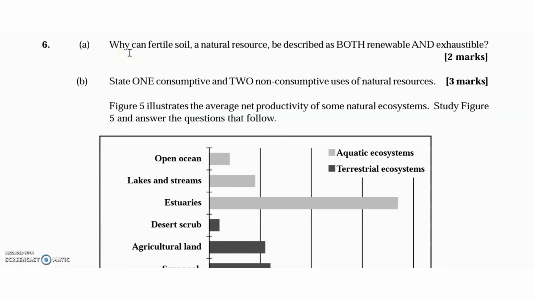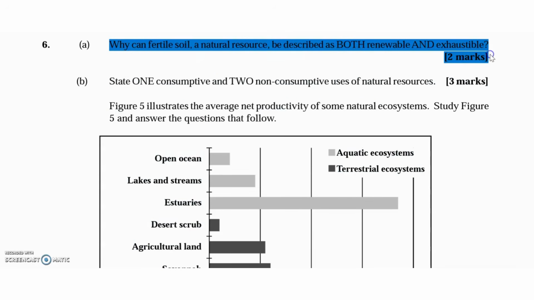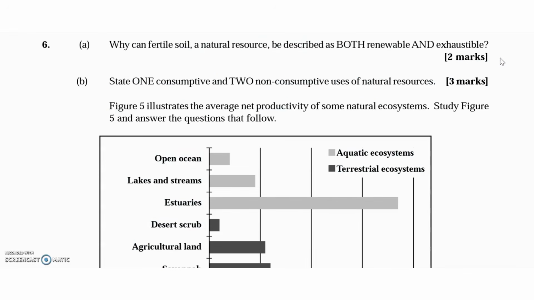So question 6E, can fertile soil, a natural resource, be described as both renewable and exhaustible? Yes, it can. All right. They ask us why fertile soils can be regarded as both renewable and exhaustible. The fact of the matter is that soils can be considered renewable primarily because we human beings can employ management strategies in terms of maintaining the soil structure and nutrient content.